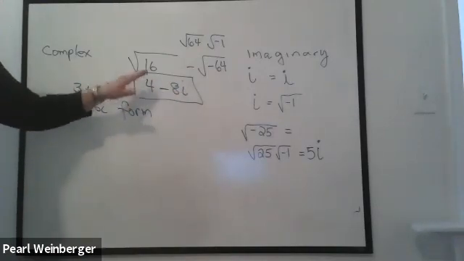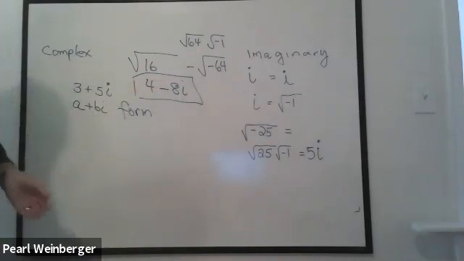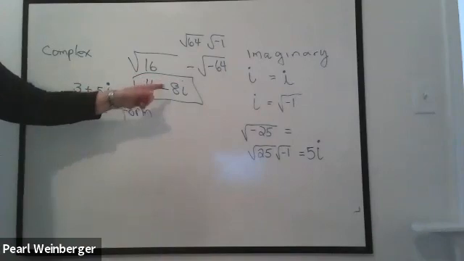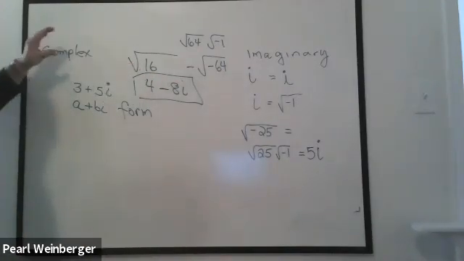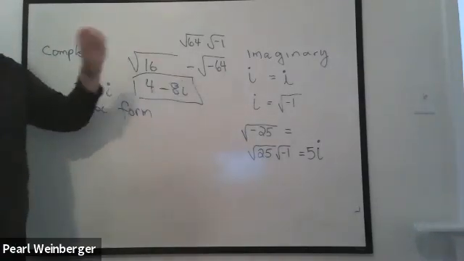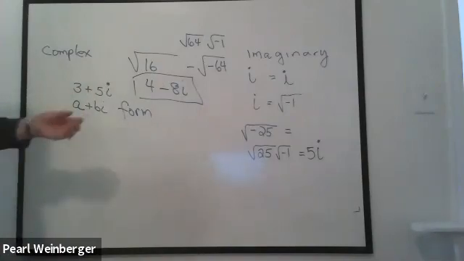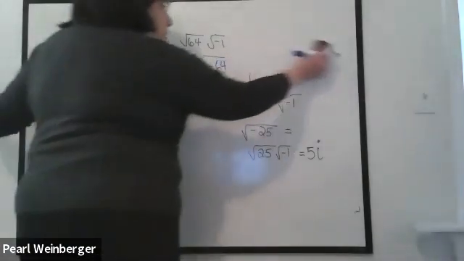Notice this is a plus bi form. Obviously, it's plus a negative 8, so it's 4 plus negative 8i. It's a plus bi form. It is a complex number, a combination of a real number and an imaginary number. You can even take something like this.